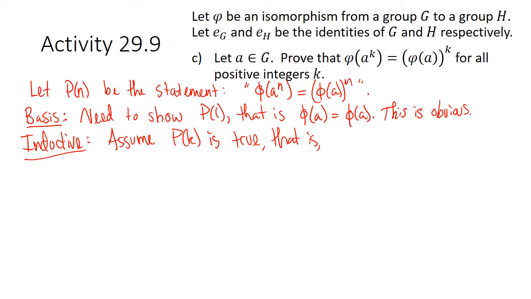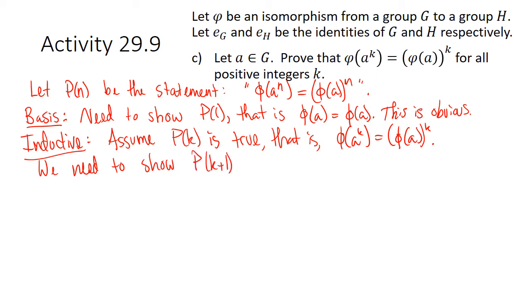Anyway, assume P of K is true. That is, phi of A to the K equals quantity phi of A to the K. Then we need to show that P of K plus 1 is true. That is, that phi of A to the K plus 1 equals quantity phi of A to the K plus 1.